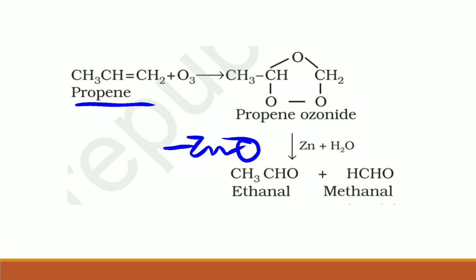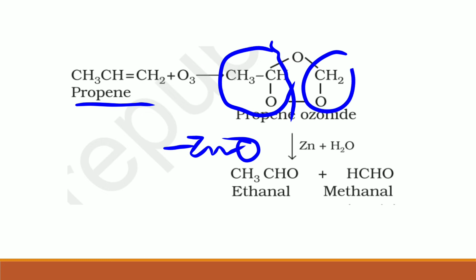This zinc will be taking one oxygen from the ozonide and promotes the formation of products, ethanal and methanal. See, dear friends, if this bond undergoes dissociation, we will get one product as ethanal and another product as methanal. So, depending on our reactant, we will get both aldehydes, both ketones, or an aldehyde and a ketone from the given alkene.